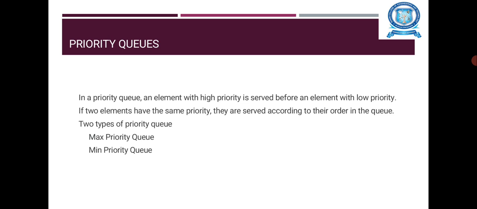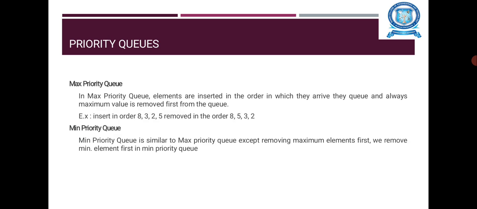The priority queue contains two types. First one is the maximum priority queue and the second one is the minimum priority queue. In the maximum priority queue, elements are inserted in the order in which they arrive, and always the maximum value is removed from the queue.